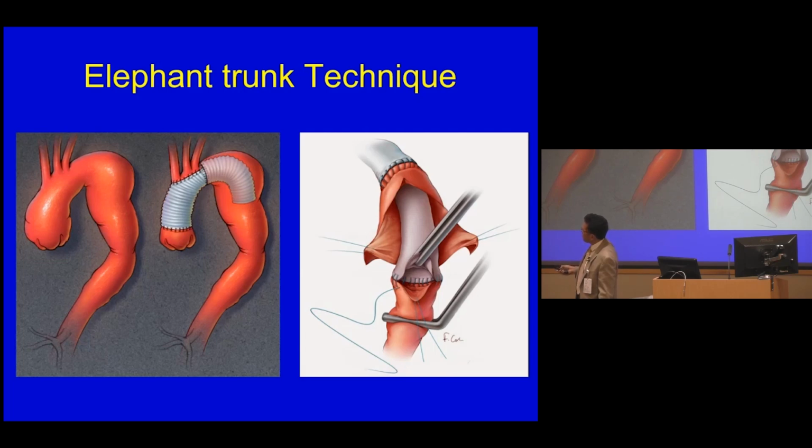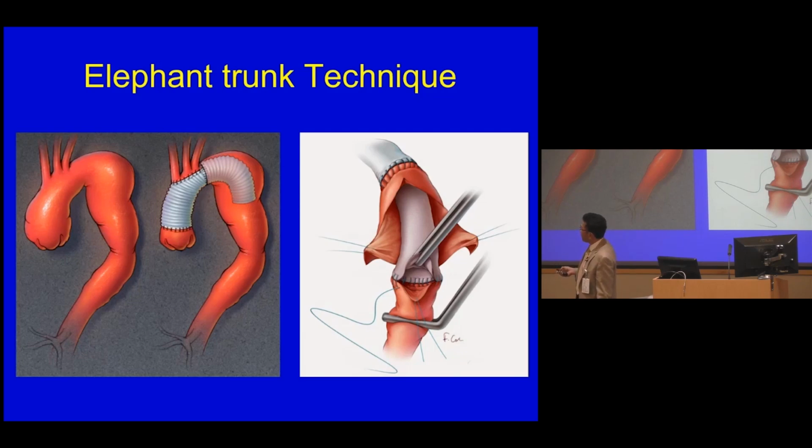He would then bring that graft and anastomose it onto the sinotubular junction. As you can imagine, you're doing 2, 3, 4 anastomoses under hypothermic circ arrest, so you have to be super fast. Otherwise, you're going to have neurologic problems.